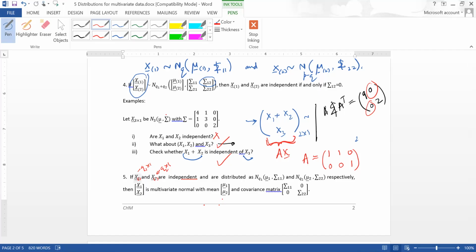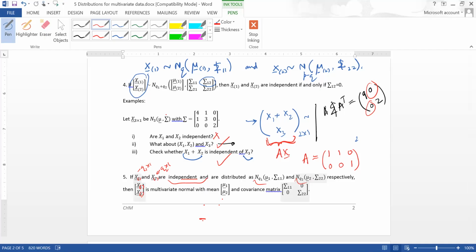So x1 and x2 are independent. These two components are independent. Now we have a special property, an extra thing. Those two are independent and distributed as Q1 variate normal and Q2 variate normal respectively, right? Then x1, x2 within parentheses is multivariate normal with mean vector mu1, mu2.